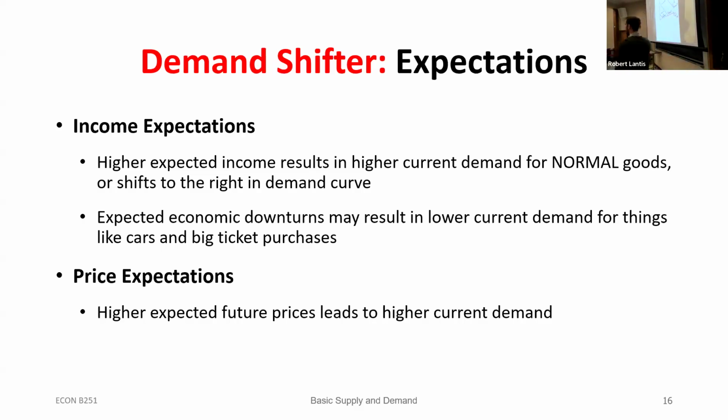Changes in the current price of the good just move me to different points on the same demand curve. Okay? So this terminology of changes in demand or changes in quantity demanded: changes in demand refer to a shift in the entire curve. Changes in the quantity demanded are just different points on the same demand curve.